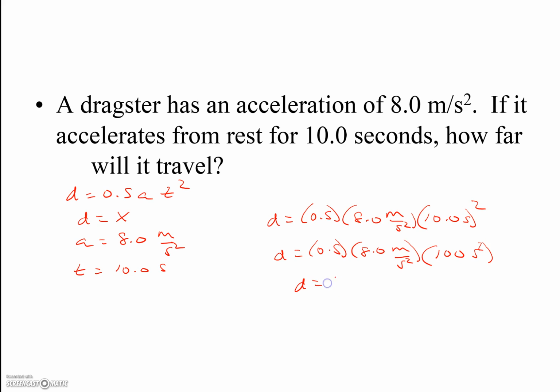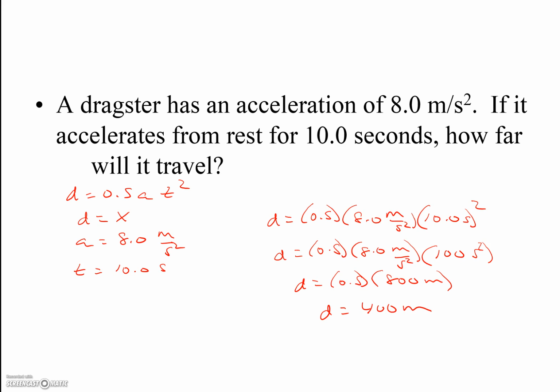So D equals 0.5 times 800 meters, since our second squared cancels out. And in our last step, we're going to multiply by 0.5, so the distance equals 400 meters.